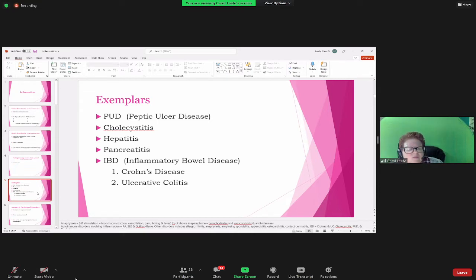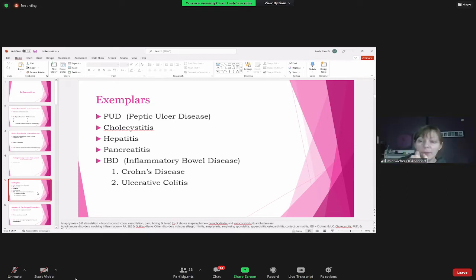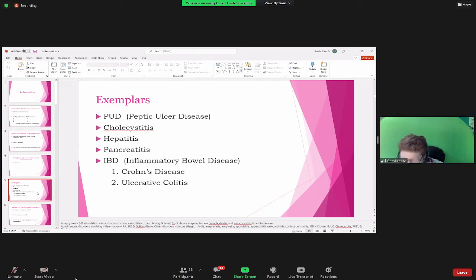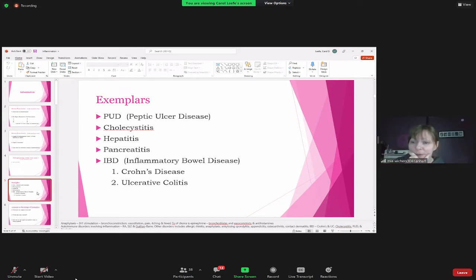So peptic ulcer disease, where does that occur? Stomach? Okay, good. And so where's the stomach on your body, or inside your body, should I say? In the abdomen. Between your esophagus and your intestines.